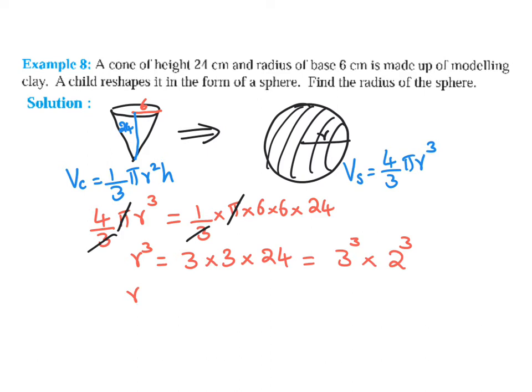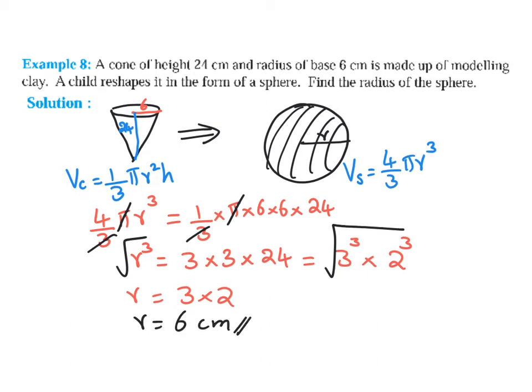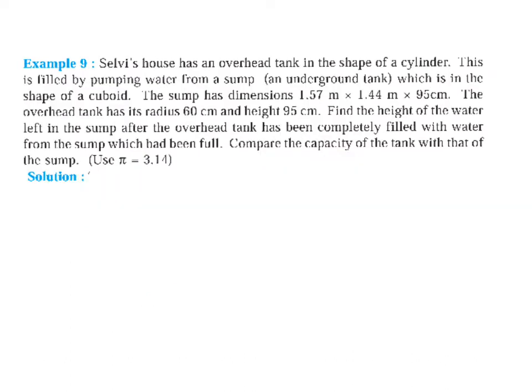So we have r equal to 3 times 2, taking cube roots on both sides. The cube root of 3 cubed is 3, and the cube root of 2 cubed is 2. So r, the radius of the sphere, is going to be 6 centimeters. Great. Very simple problem.